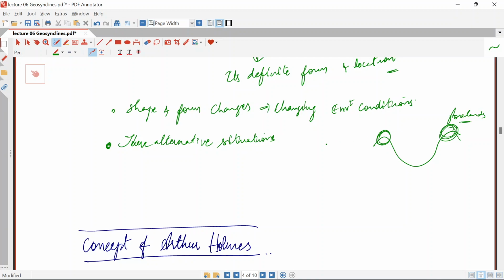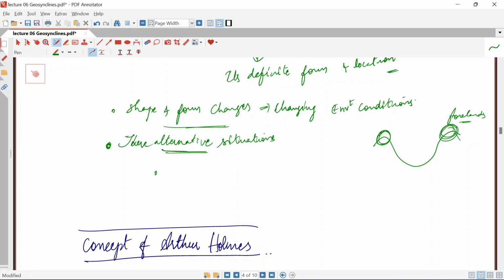But what J. W. Evans is saying is that a change takes place in an alternate situation. During the alternate situation it can form between lands, and it can also form with land on one side and the ocean on the other side.